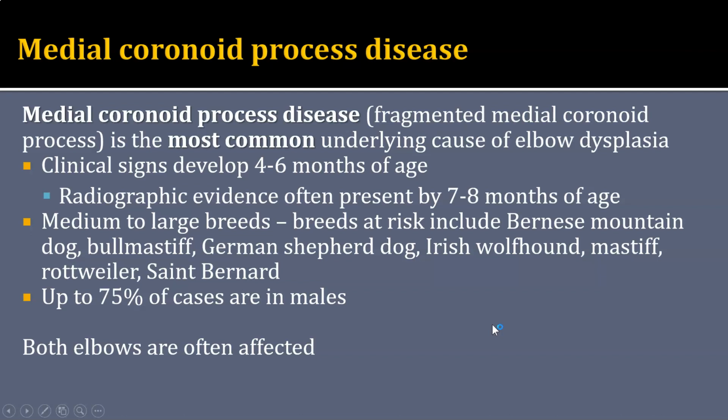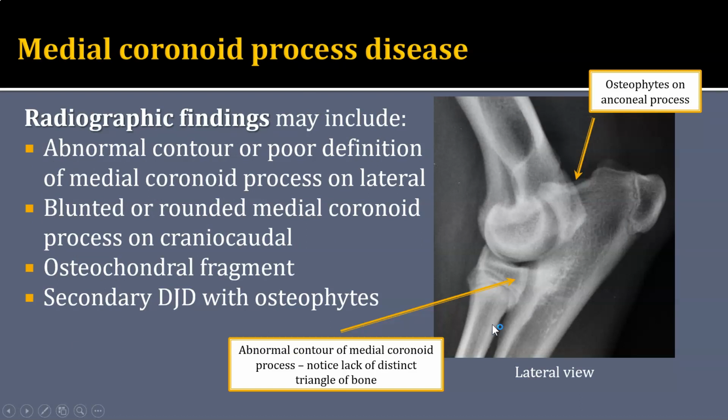And interestingly, up to 75% of the cases present in male patients. Oftentimes, both elbows will be affected. I really do want you to understand the radiographic findings that you can look for and the sites and places to look for them for this disease, because again, this is the most common cause of elbow dysplasia.